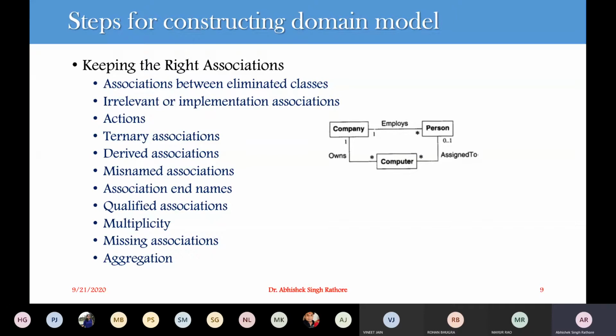Then the second criterion is irrelevant or implementation associations. So what are these? We eliminate any associations that are outside of our problem domain, as these are considered implementation constructs associated with our information system. Again, considering our ATM example, say a system handles concurrent access is just an implementation detail.